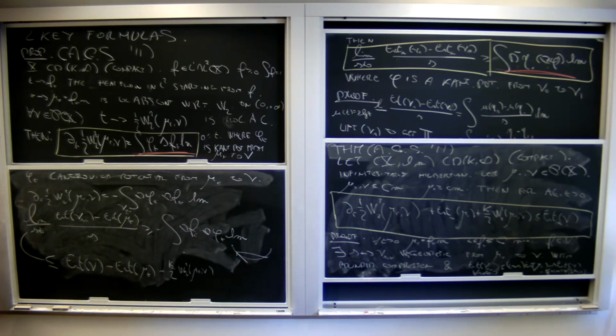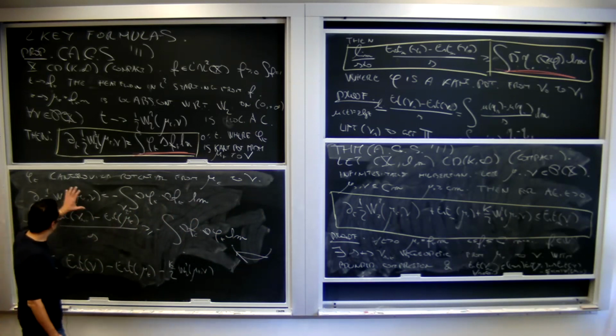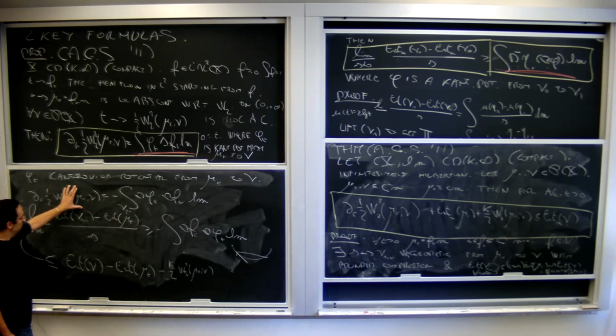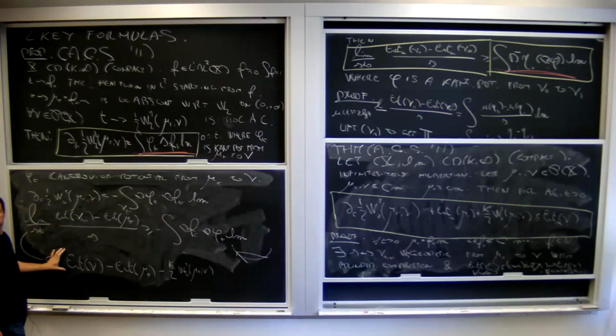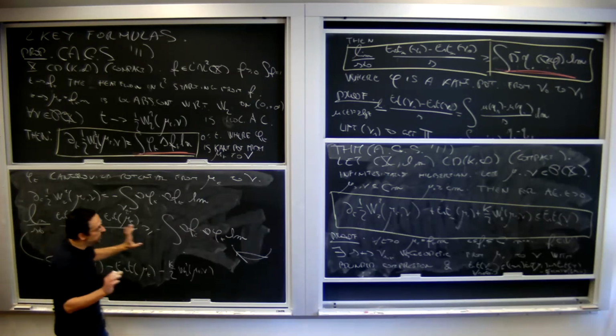Okay, end of the book. Right? Because this derivative is less or equal than this limit, but this limit is less or equal than this difference. There's no cheating.